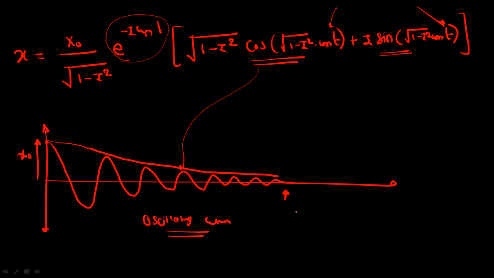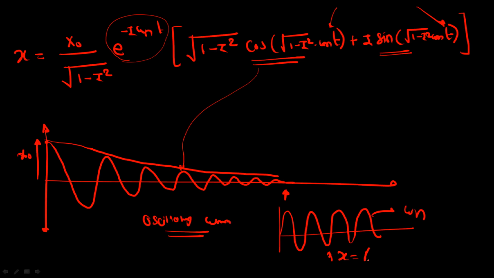For free oscillation, if the system is oscillating like this, then the frequency is nothing but omega n, because for such a waveform we have the equation x is equal to a sine omega n t or a cos omega n t.